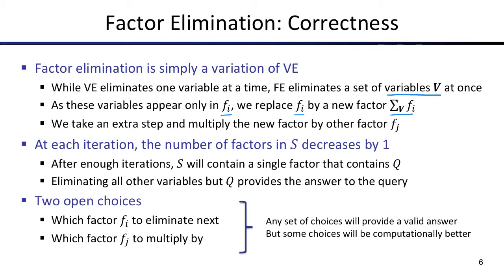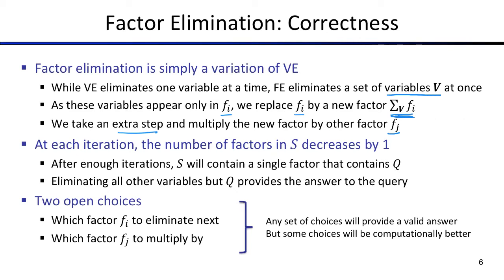We take this resulting factor and we multiply by another factor that we call Fj. So we do this extra step and we multiply the new factor, the one where we just eliminated the variables V, by another factor that we call Fj.